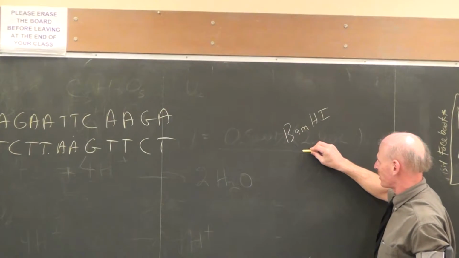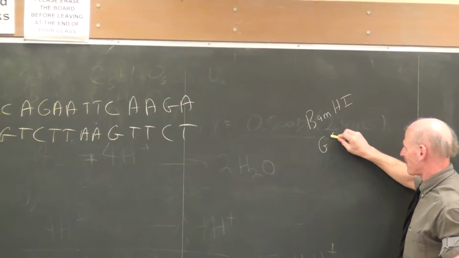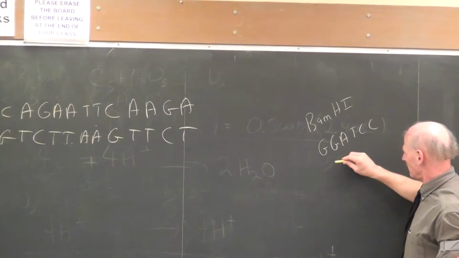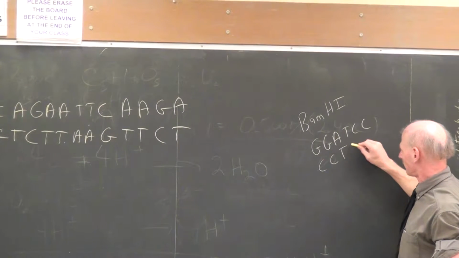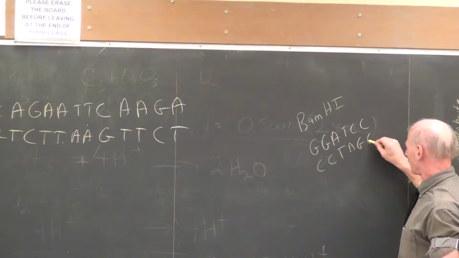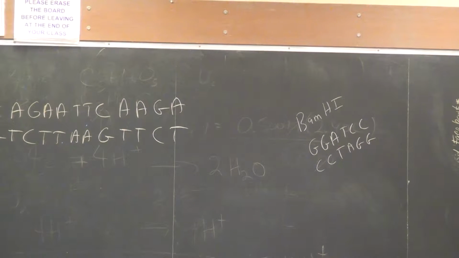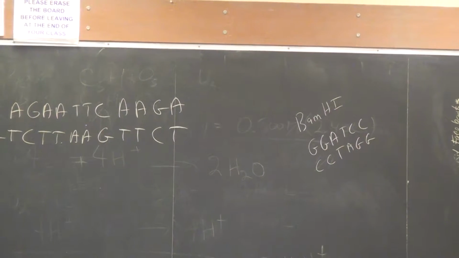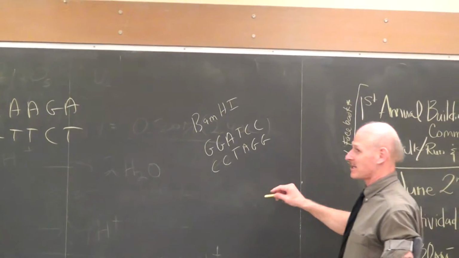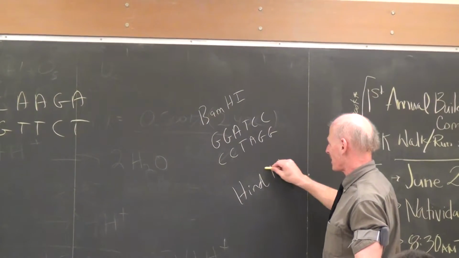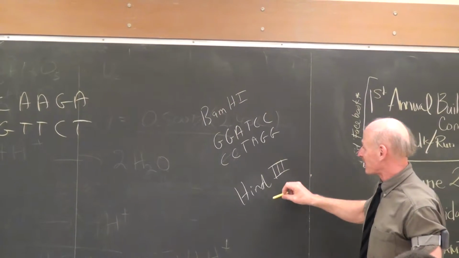And its particular restriction site, if I remember correctly, is GAA. Like that. So only when it finds this site in the sequence will this BAM-H1 enzyme cut the DNA at that site. And there's another one called HindIII. It has a completely different sequence.